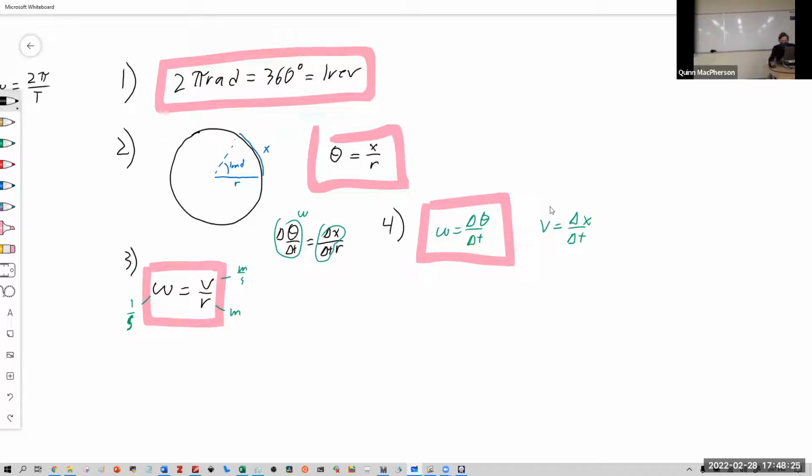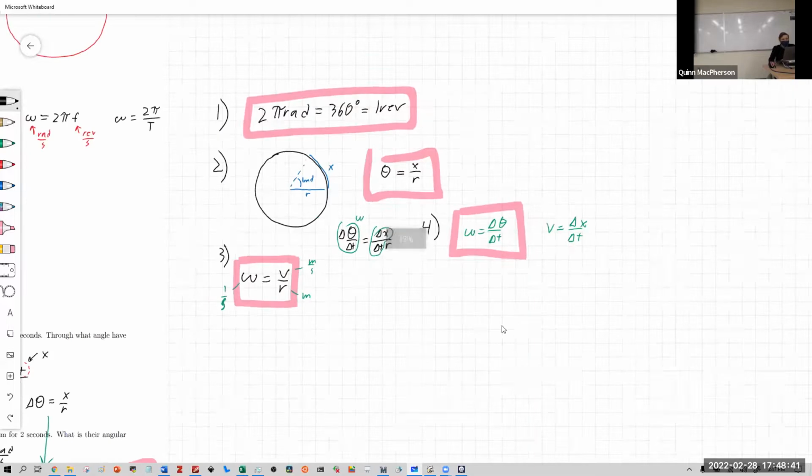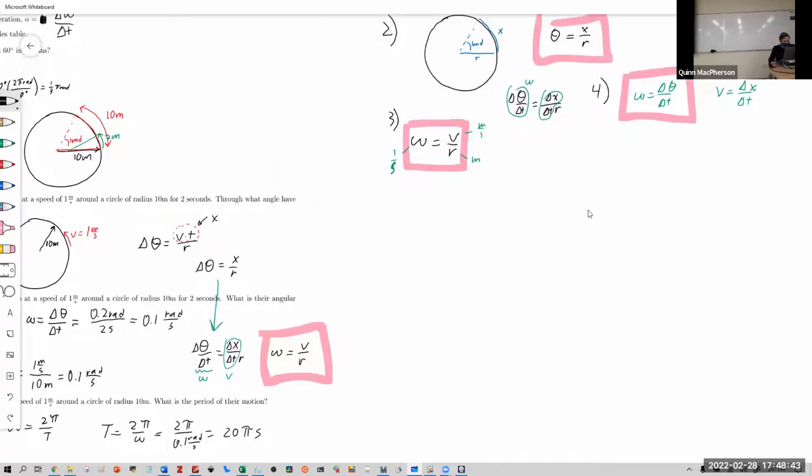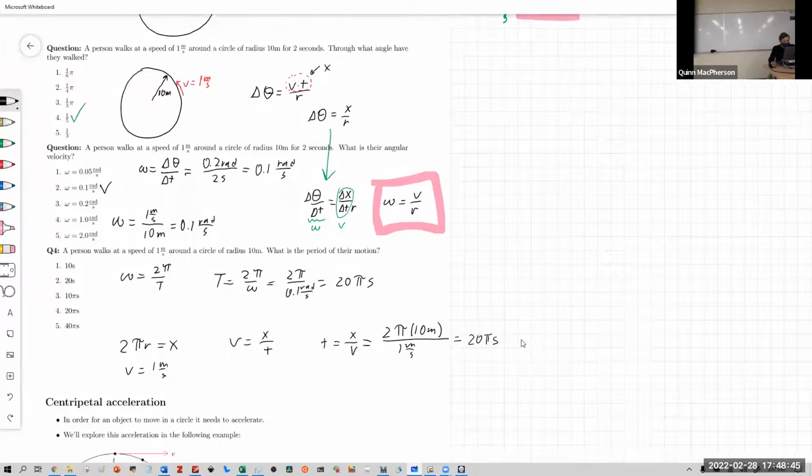And then this is really important to remember too, but you've already memorized that because velocity is distance over time. And you've been doing that for like 2 months now. Questions? Okay. Let's do centripetal acceleration.